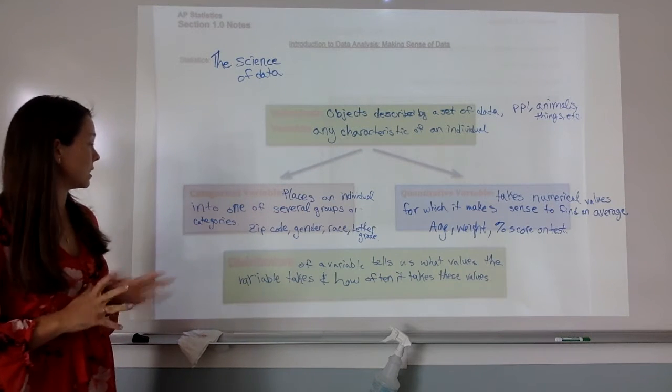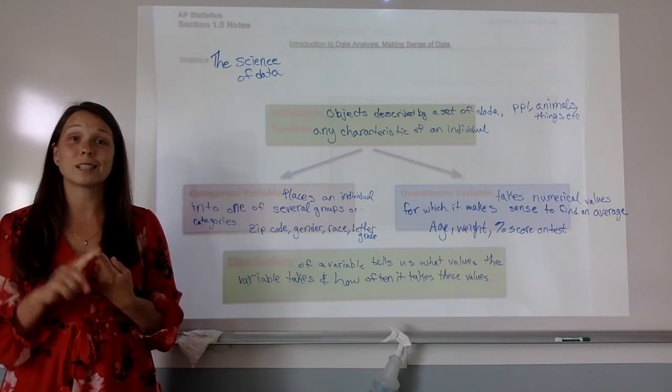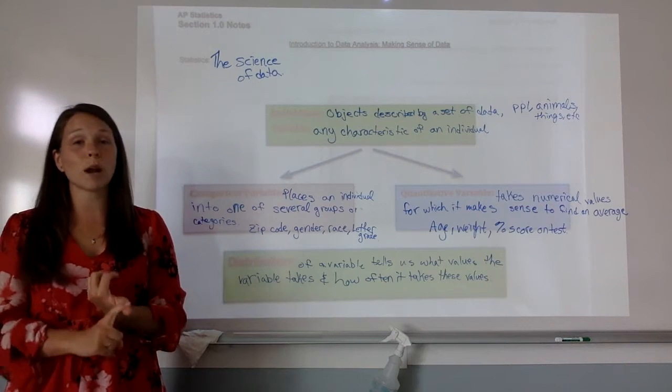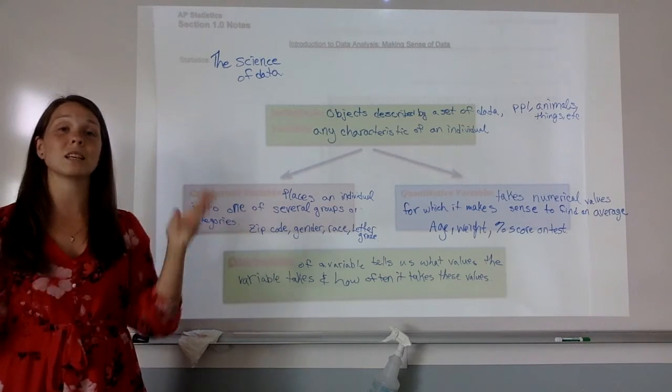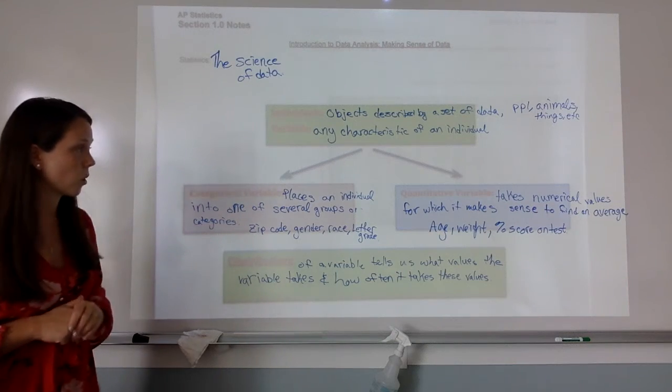Categorical variables place an individual into one of several groups or categories, something like zip code, city, state, gender, race, letter grade. I mean, the list goes on and on for categorical variables.